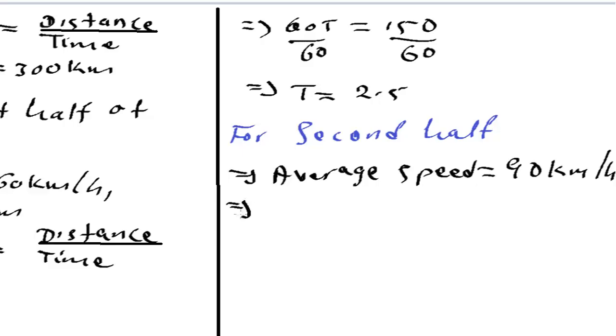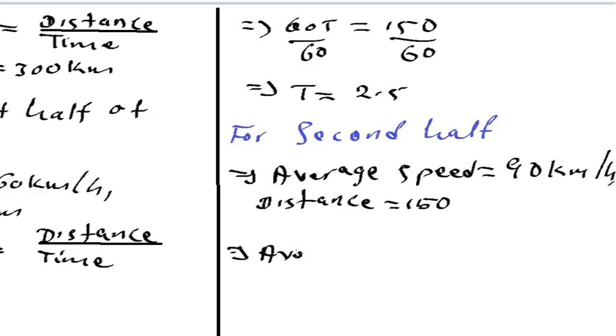And then we know that distance remains the same. Our distance remains the same. So distance is equal to 150. So now we try to solve for T2, or time used to cover the second part of the journey.